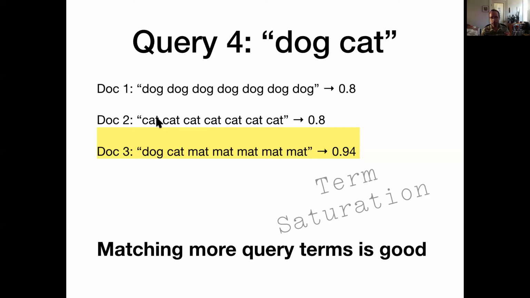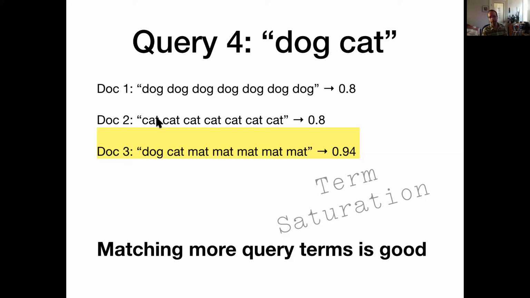Now, if you look at the BM25 formula and try to understand how it's making document 3 come up on top, you won't find any conditional statement in there that says give preference to documents that match more of the query terms. It's not something that you'll find very explicitly stated in the formula.